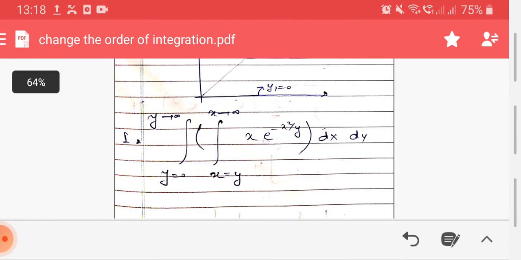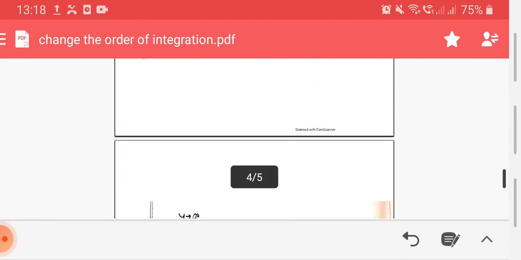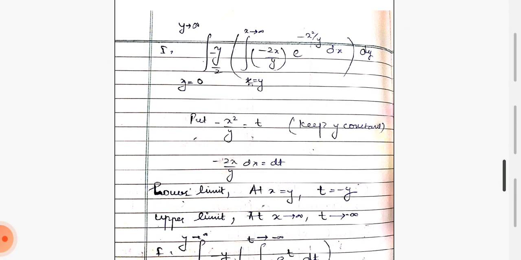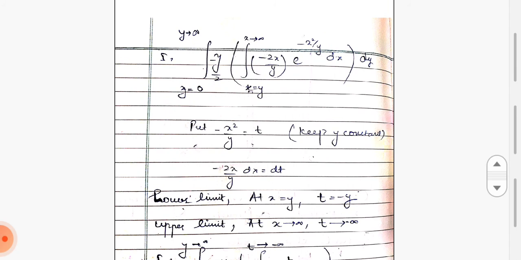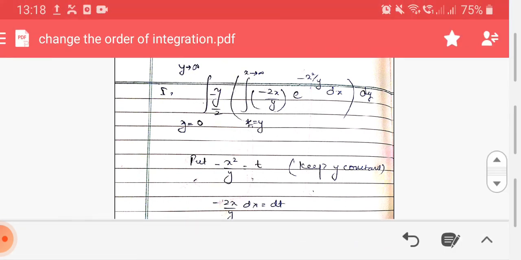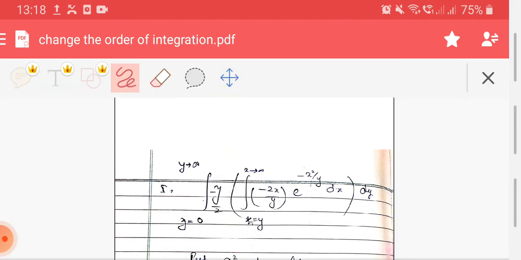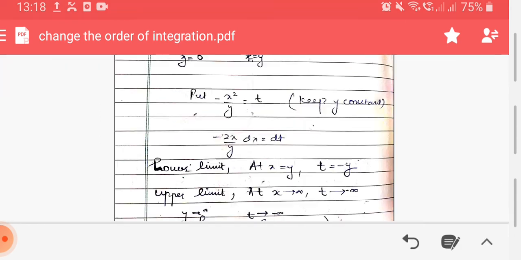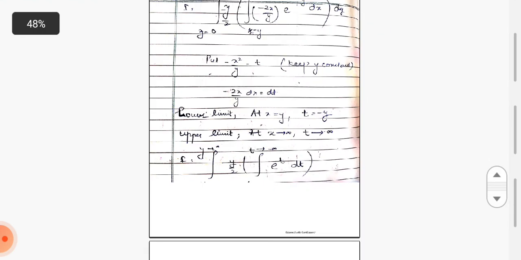So now I have solved it further, just by substitution. You can see I multiplied with minus y by 2 and divided by minus y by 2, so that I will get the integrand, this one and this one. After that I started solving further, all the steps keeping y constant, everything I have written in front of you.